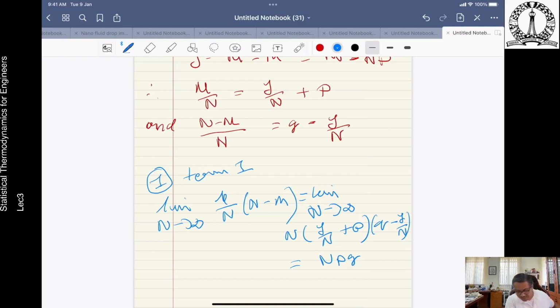So see if you can understand the first term. That is what we did. The first term we got to that particular sequence.